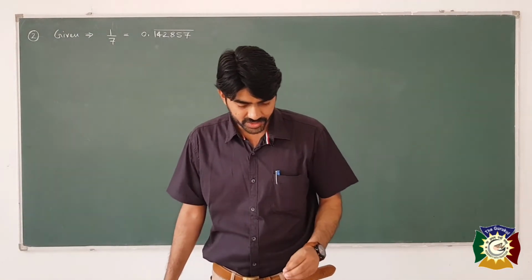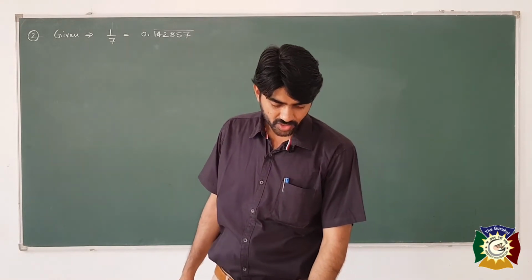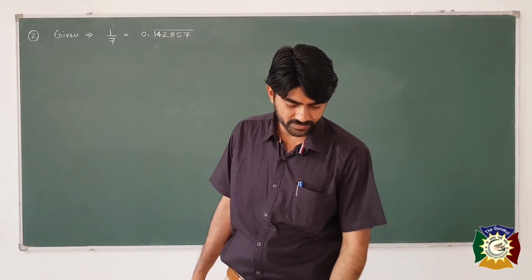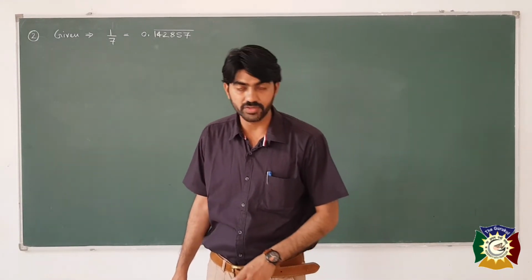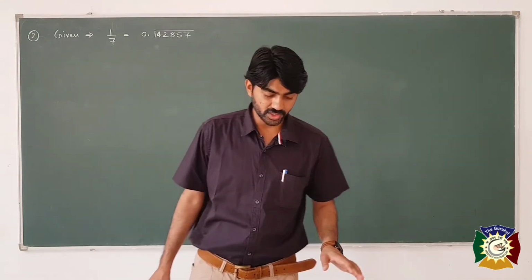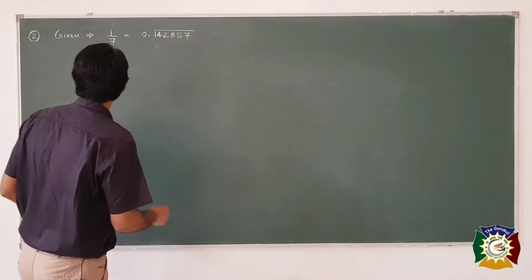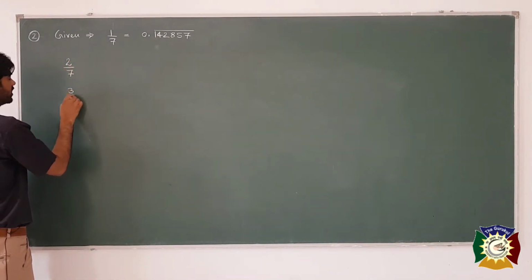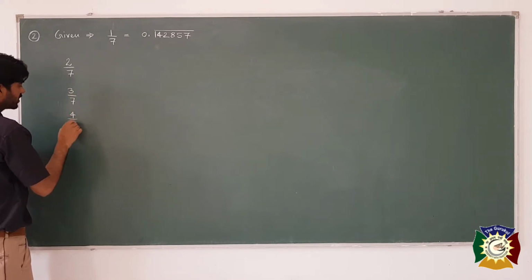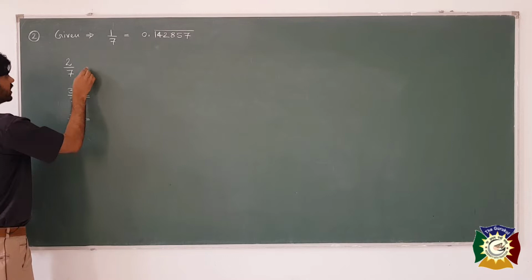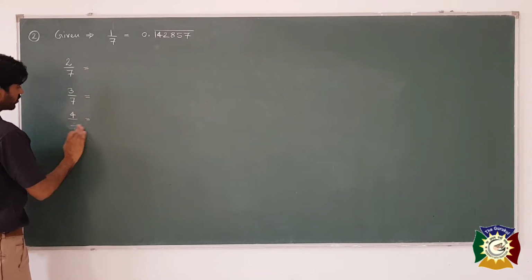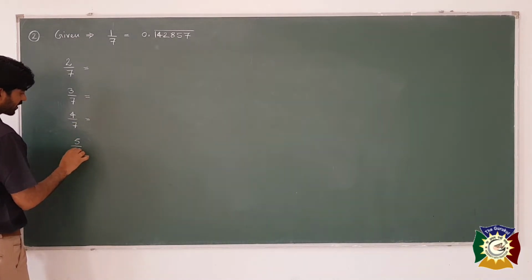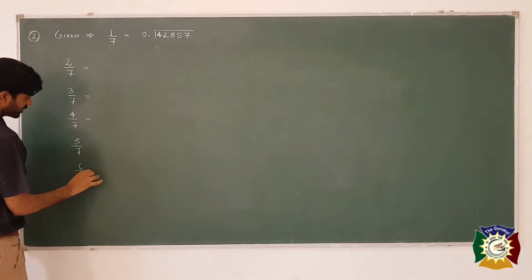So can you predict what is the decimal expansion of 2 by 7, 3 by 7, 4 by 7 without actually doing the long division? So without actually doing the long division method, we are to tell what is the decimal expansion of 2 by 7, what will be 3 by 7, what will be 4 by 7, 5 by 7 and 6 by 7.